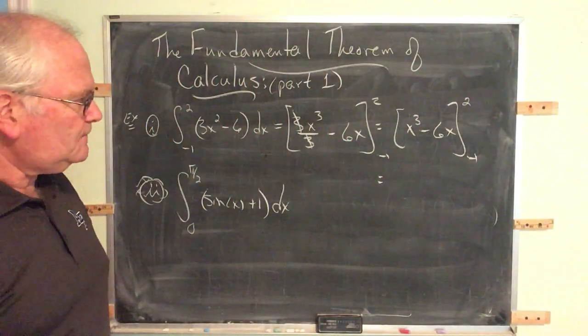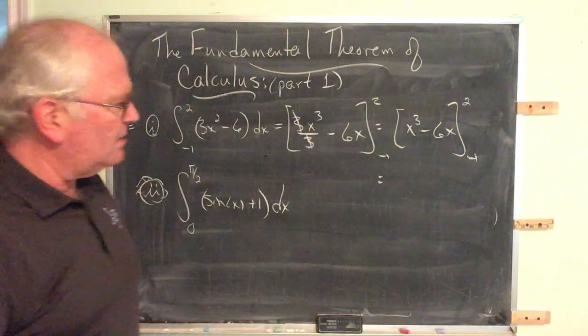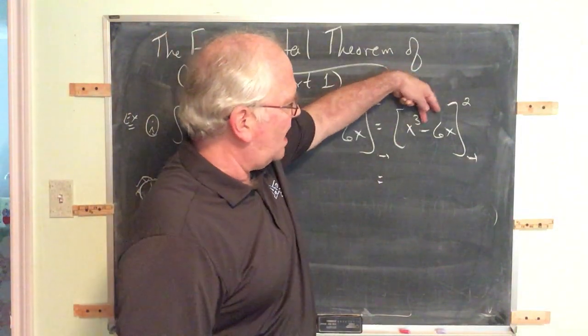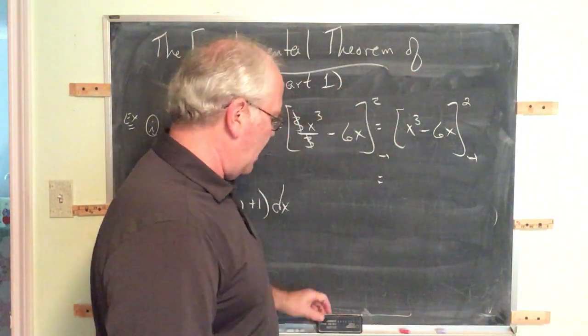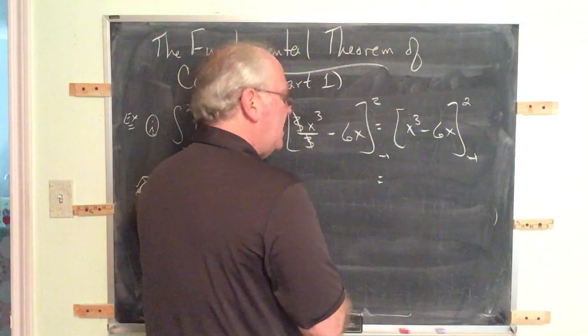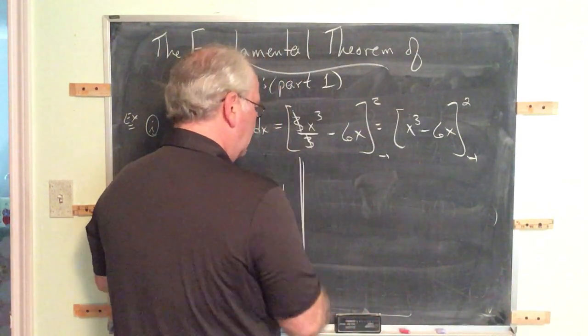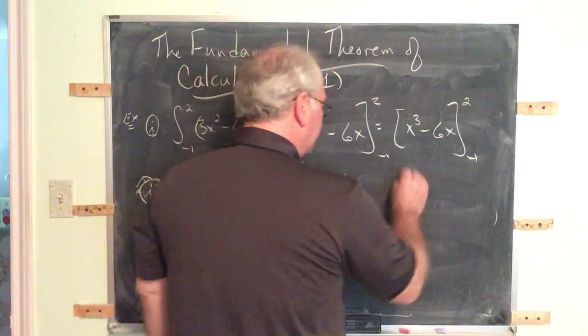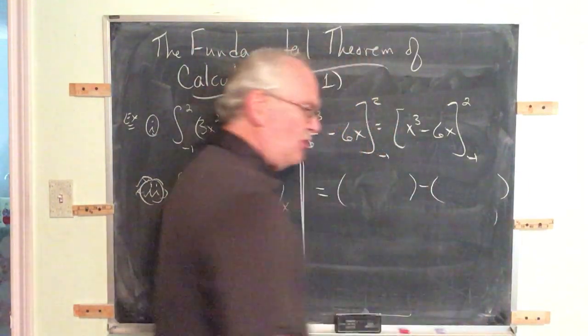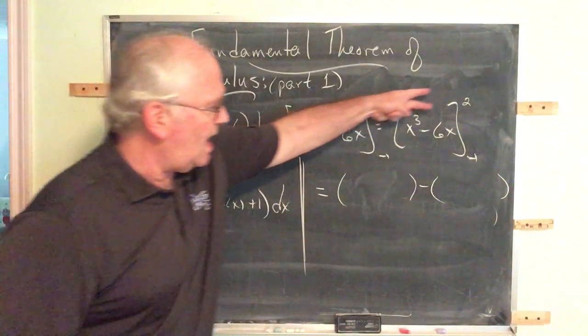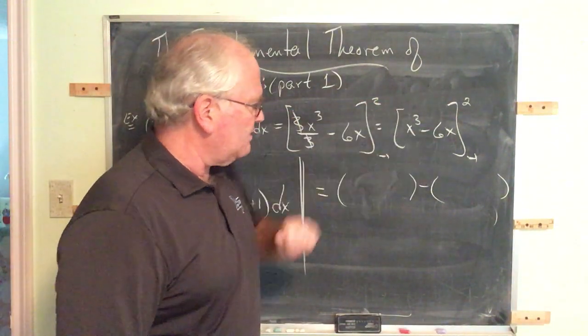All right? And so what does the fundamental theorem say? It says you evaluate at the top minus you evaluate at the bottom. Now what I will do every time I do this: expression minus expression. Evaluate at the top minus evaluate at the bottom.